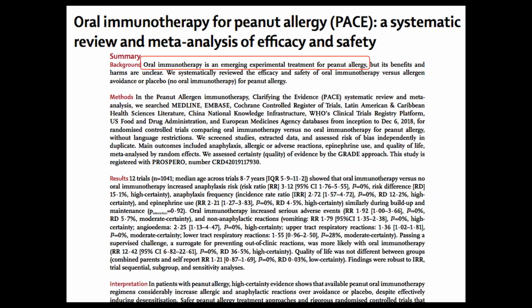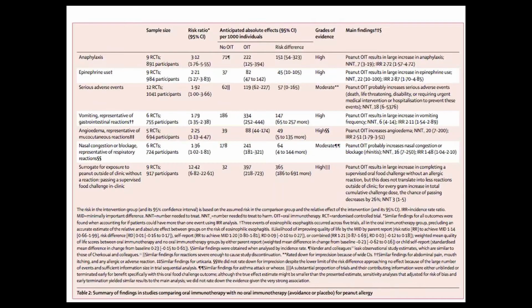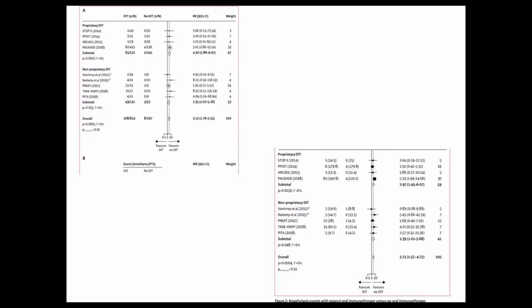So what was done here is that every paper that's ever been written on this topic, whether or not oral desensitization actually helps the general population as compared to just some selected individuals, was tested in this study. And there were 12 articles that were involved here, and the endpoints are epinephrine use, vomiting, gastrointestinal reactions, nasal congestion, shortness of breath, and these kinds of things.